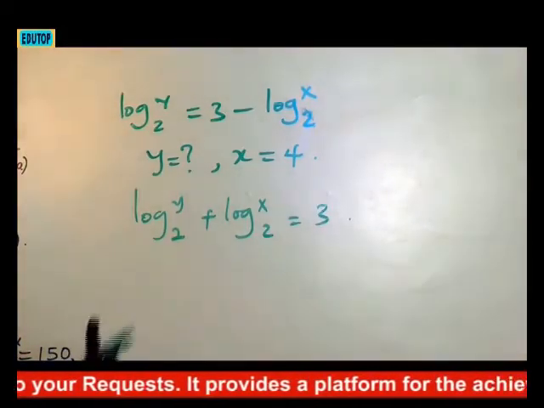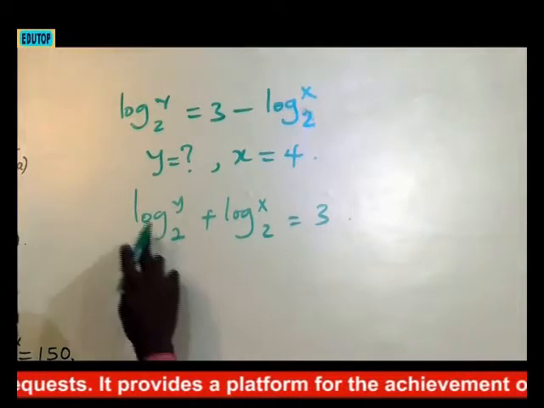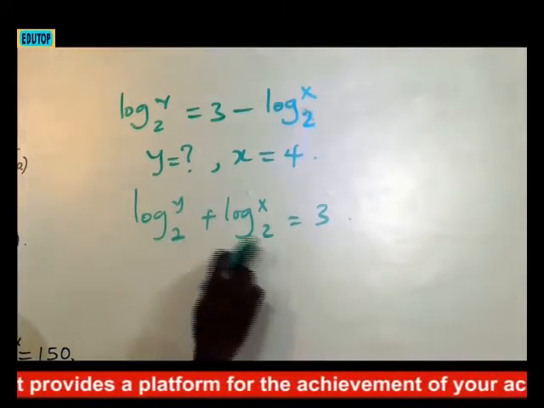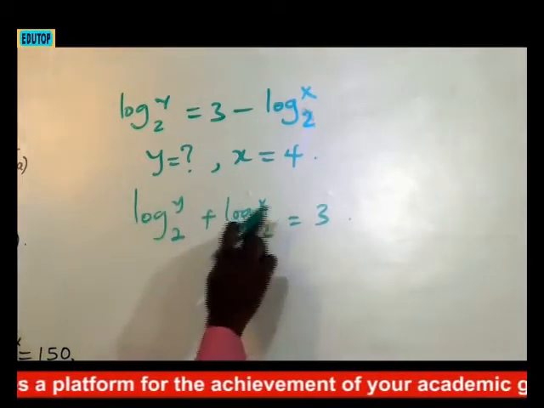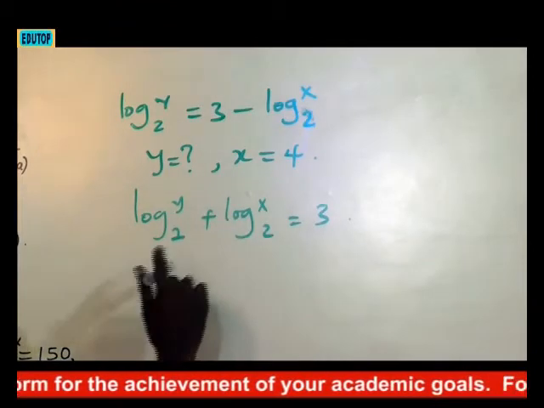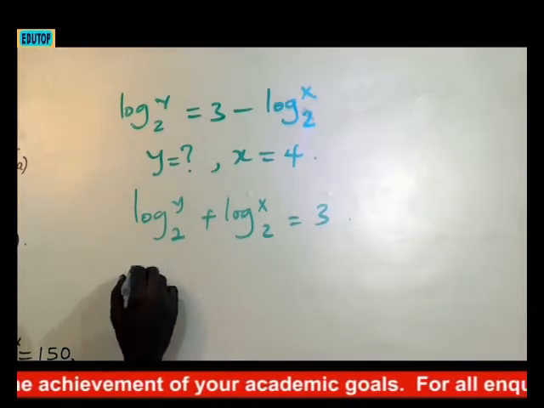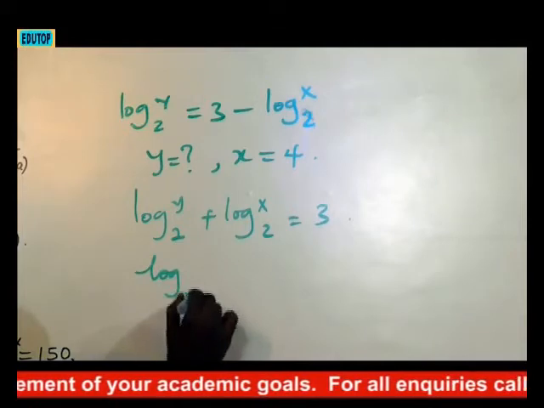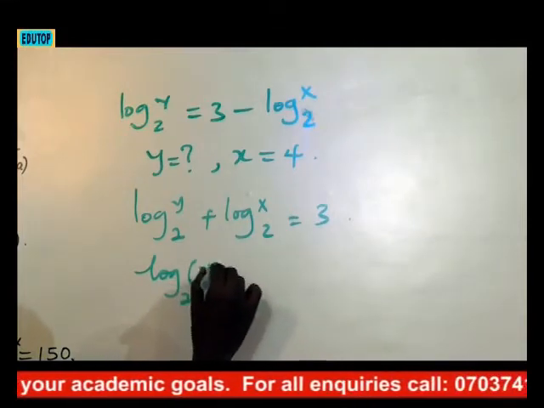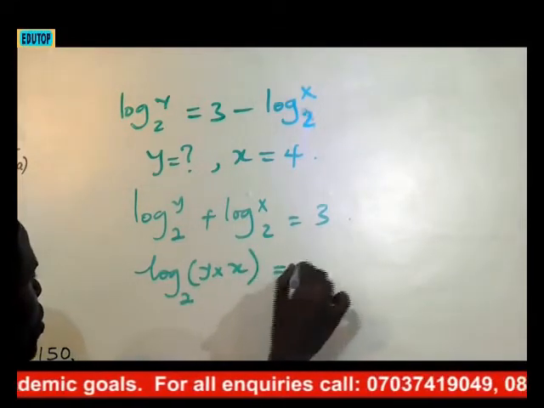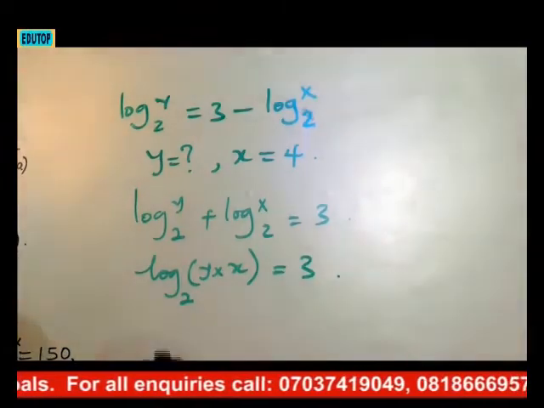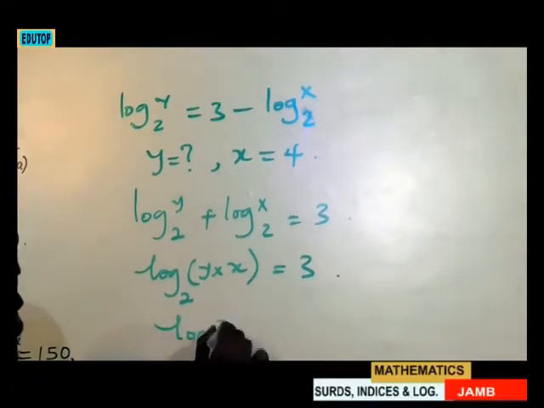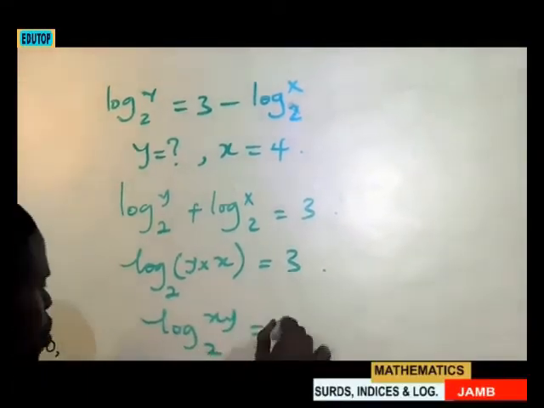Then, by the law of logarithm, when you have logs of the same base and there is addition, you are meant to multiply. So we are going to have log to base 2 of y times x equals 3, which is the same thing as log xy base 2 equals 3.